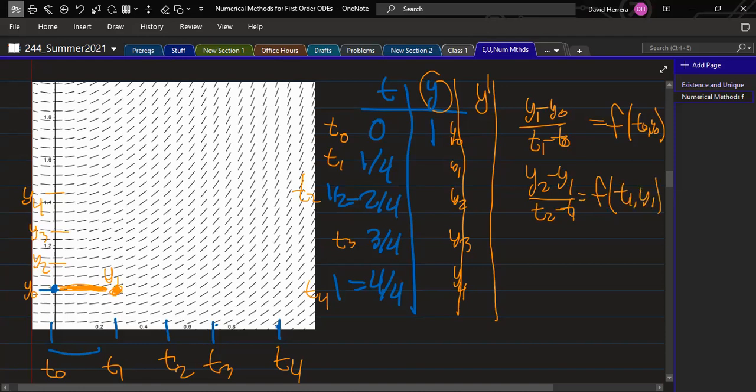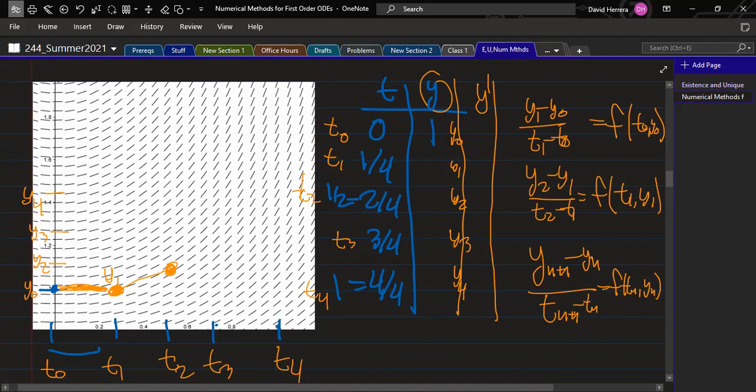It's the slope calculated here that is the slope you use to get to the second point, t2, y2. And the slope at 3 is the slope that you use to get to t3, y3. So in general, yn plus 1 minus yn over tn plus 1 minus tn is f of tn, yn.